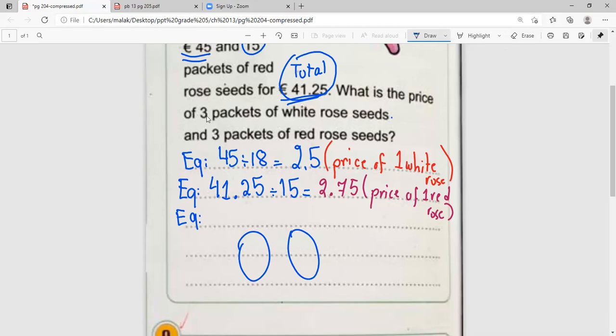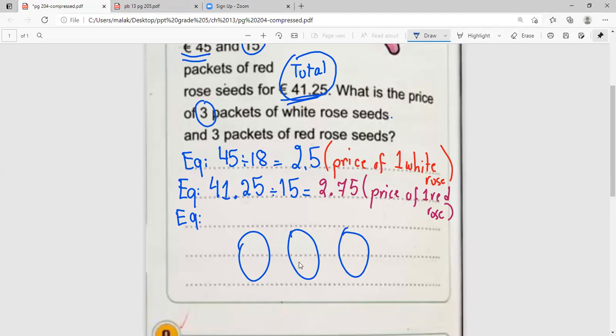Of how many packets? 3. What is the price of 3 packets of white roses?